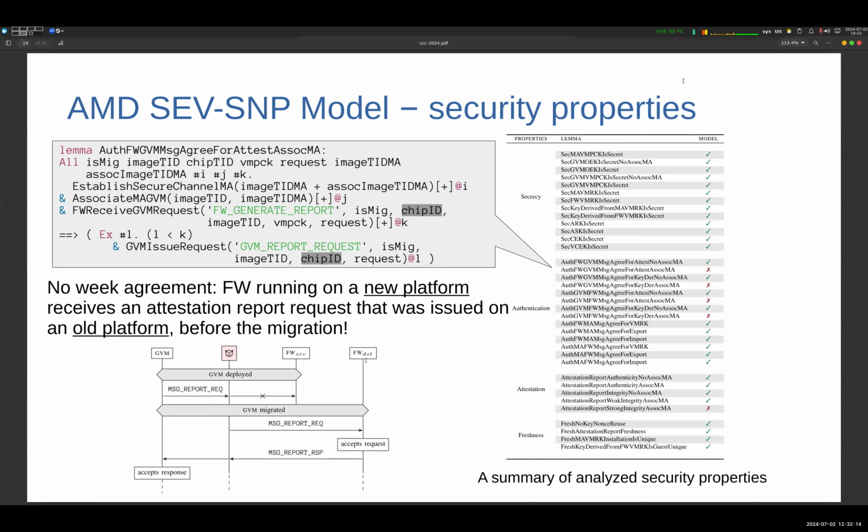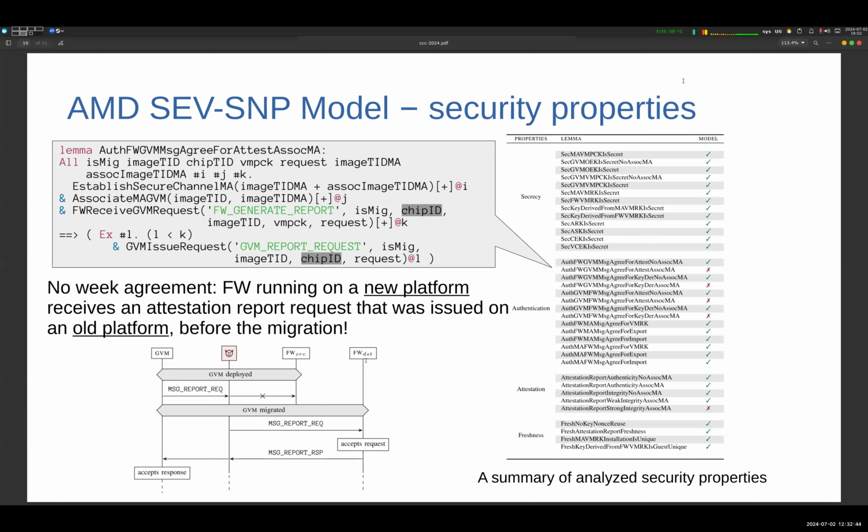And in fact, the problems stem from exactly the fact that you have to do this in order to make the migration seamless. So the guest can issue an SNP guest request, and at the next assembly instruction, just as it sent this guest request, it could be migrated to a completely different machine in a state where it's waiting for the response to this guest request.